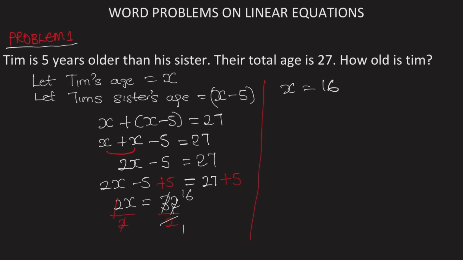Remember they asked how old is Tim, and we named Tim's age x. So if x is equal to 16, then Tim's age is equal to 16. Now let's move on to the next question.